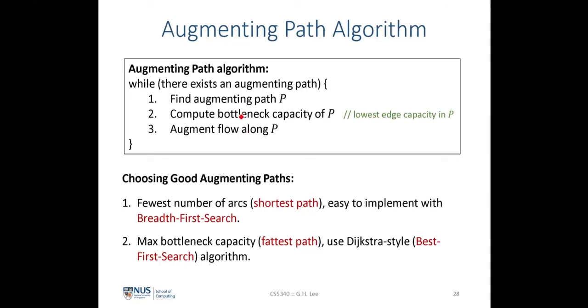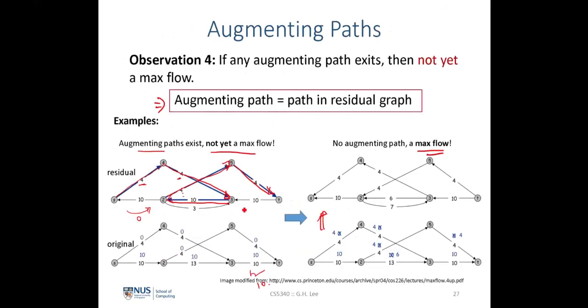While there's still an augmenting path in the residual graph, we'll find the augmenting path, compute the bottleneck capacity of this path, and send the augmented flow across it, using the lowest edge or bottleneck capacity, as we have seen in the earlier example.